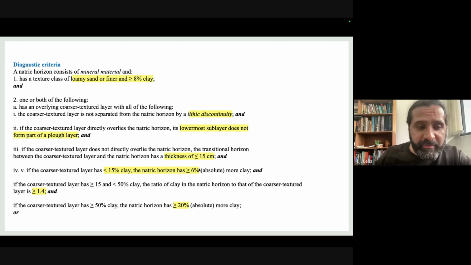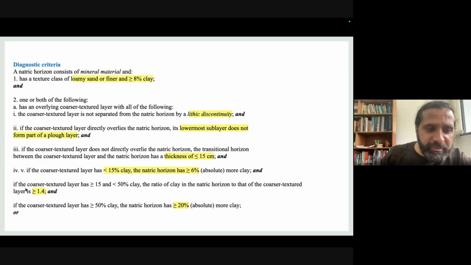Let's say, for example, that we have an A and a B horizon, and this A horizon has only 10% of clay. So in this case, the coarser texture layer has less than 15%, and the nitric horizon should be 6% or more enriched in clay. So if we have an A horizon with 10% of clay and a B horizon with 20% of clay, okay, we have at least 6% more. So we have a nitric horizon.